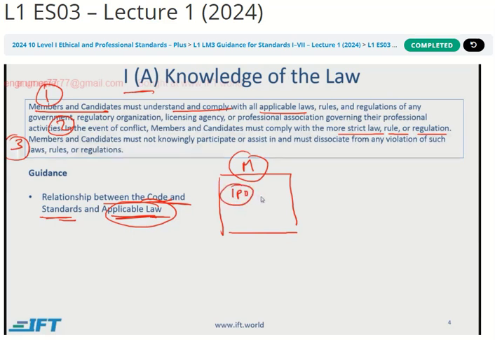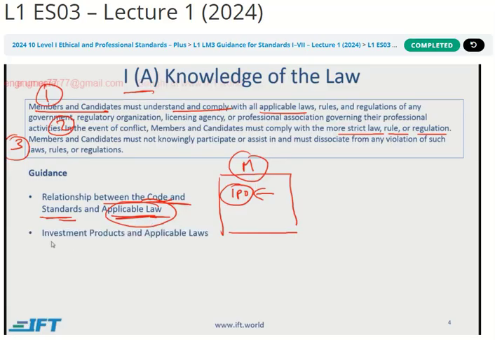If the law in Malaysia says that investment advisors should not be participating in IPOs, whereas the code and standards does allow participation in IPOs given certain circumstances, then the stricter interpretation must be taken. In other words, you need to follow the applicable law. There might be other situations where something in the code and standards is stricter than the applicable law. In that scenario, you need to follow the code and standards.